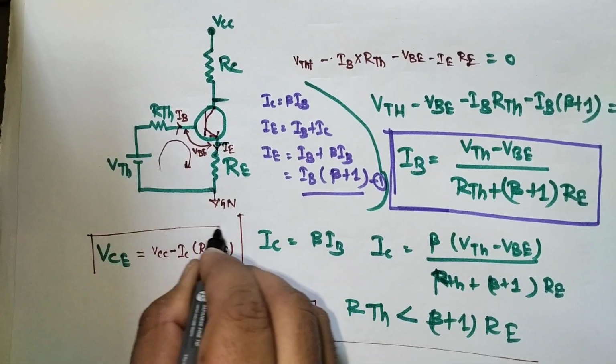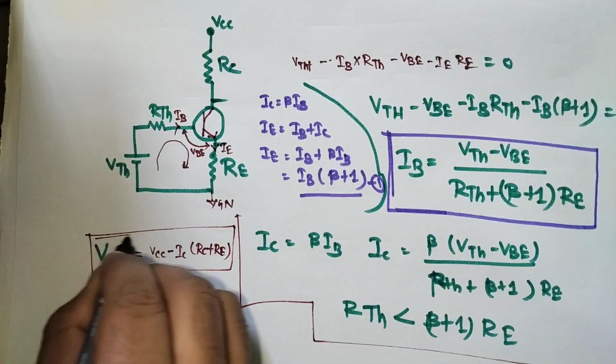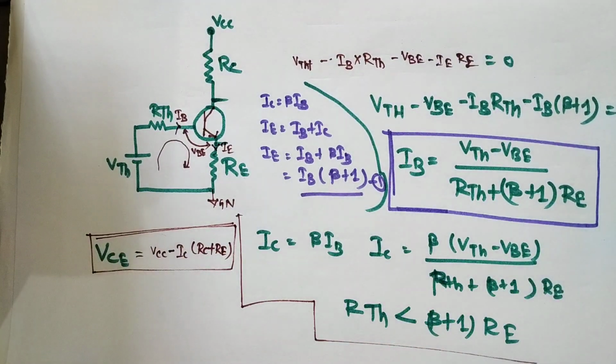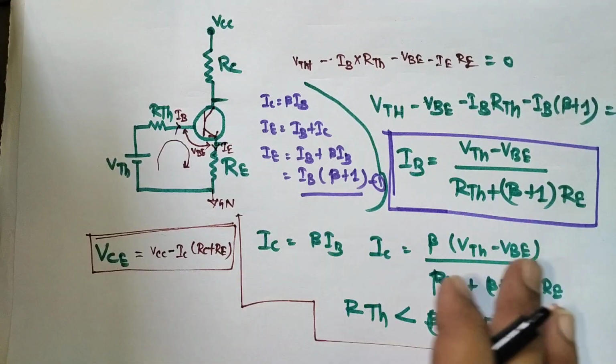Okay, this is the VCE. Using those equations, we're going to check how the beta changing, how it is behaving stably. We'll give an example and check how it is changing.